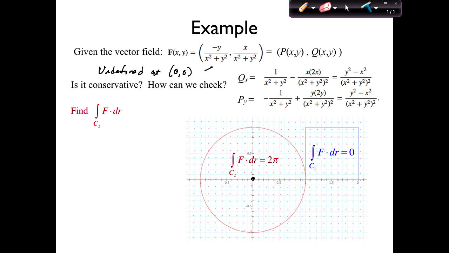You have an itty bitty hole right in the middle of D. So D, simply connected or not? It's not simply connected. There's a hole in it. It's small, but it's still a hole in D. It's not simply connected.